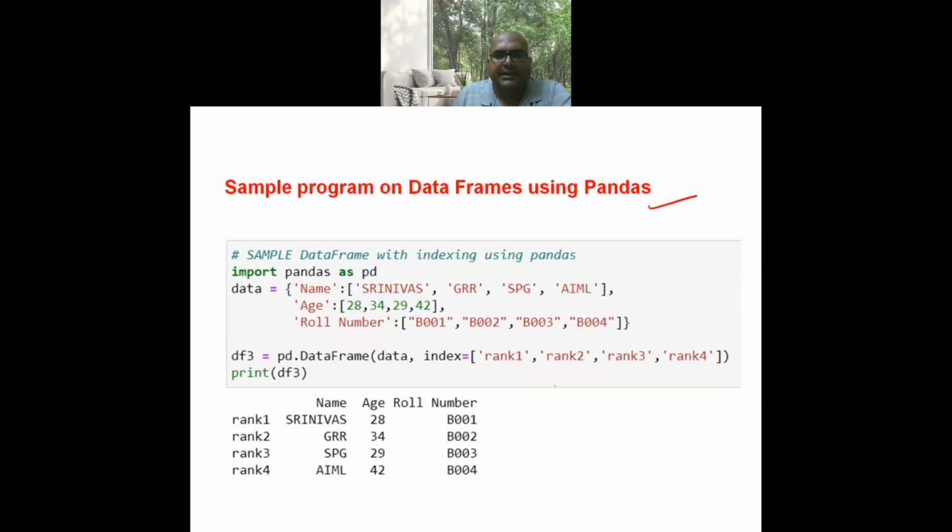But in this program, you can specify the index values. It is one more sample program to specify index values. The specification of index values is a program we already did in Pandas series. Now once again, we are repeating the same process to index different values in Pandas data frames.